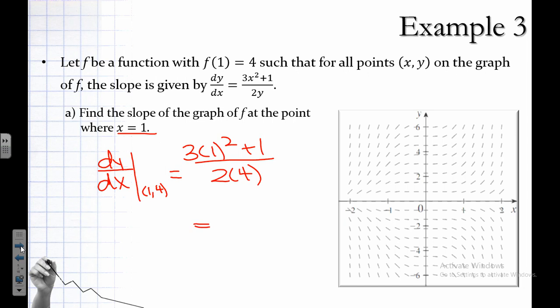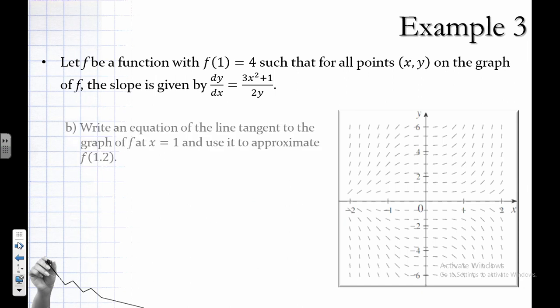What's our slope? 3 times 1 plus 1 over 2 times 4. There it is. Okay, now, boring, right? Next part.